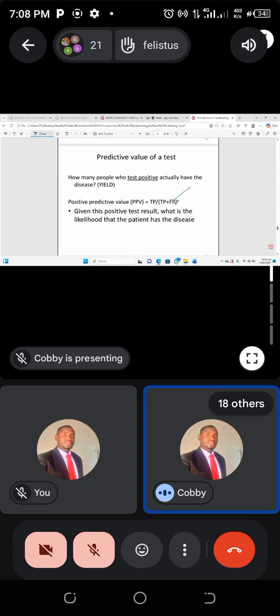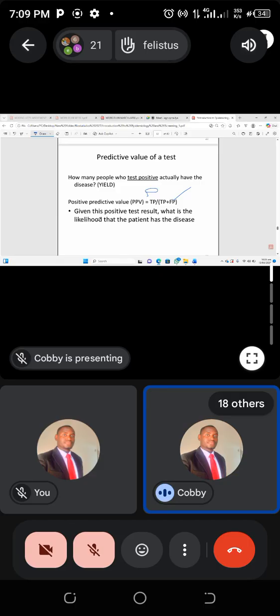So when we're looking at people who test positive, that includes people who are falsely positive. We just want those who actually have the disease out of all of them who test positive. How many have the disease? That is the difference. Given this positive test result, what is the likelihood that the patient has the disease?